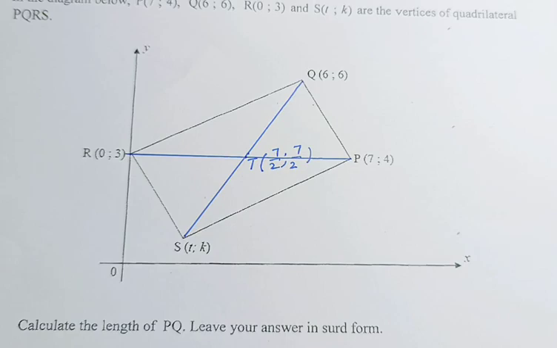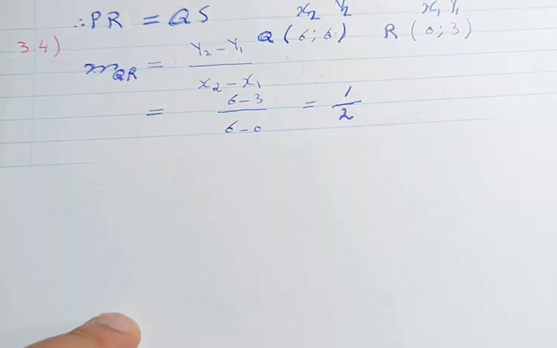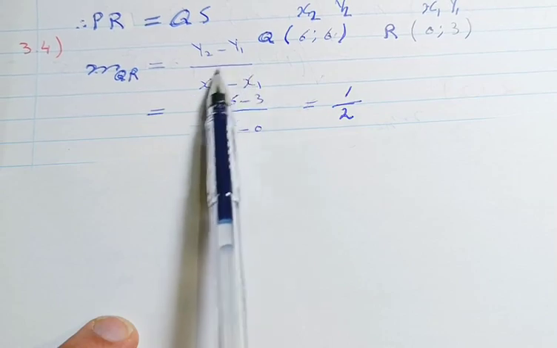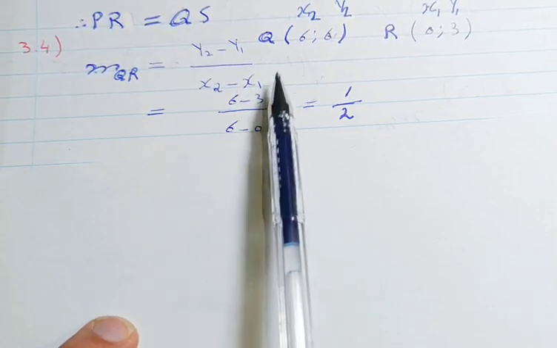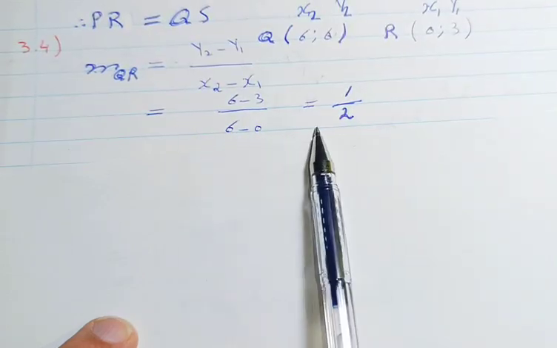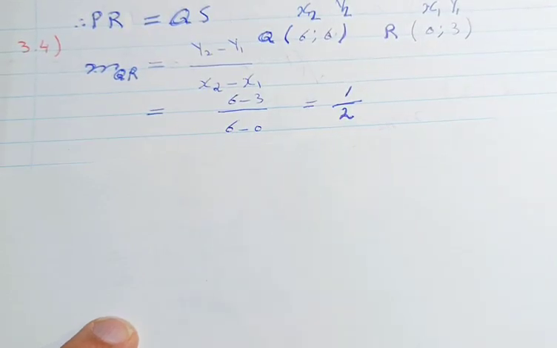The answer must be equal to -1. Then we can say QR is perpendicular to RS. So for the gradient of QR, I write the gradient formula, and these are the QR coordinates. I plug them into this formula. The answer is 1/2.